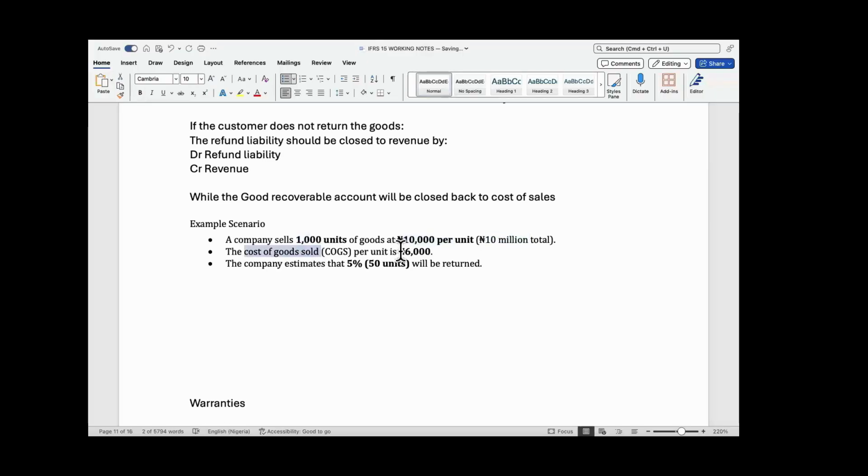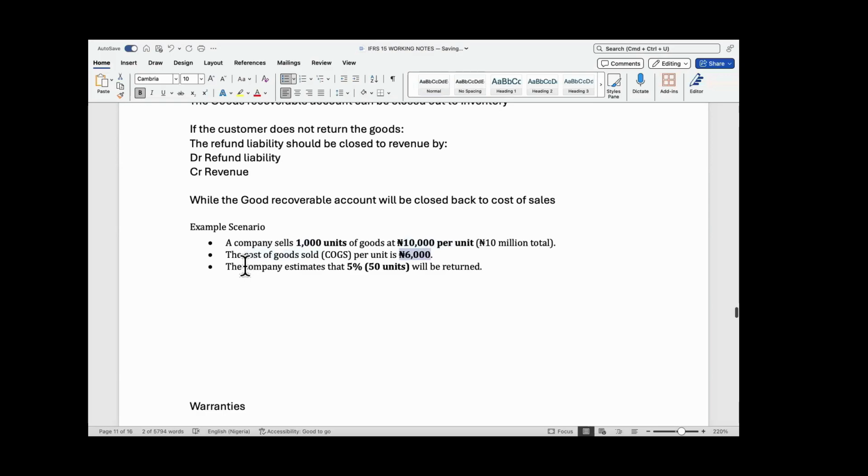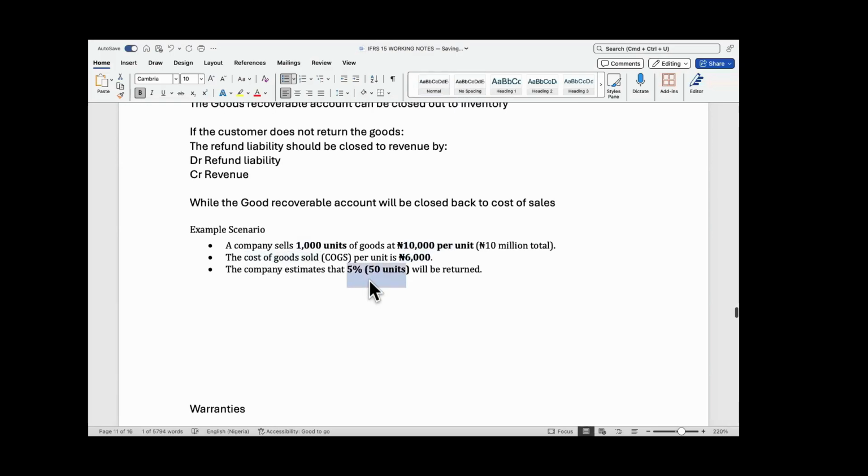The cost of goods is 6,000 naira per unit. Now, the company estimates that 5% will be returned. Now, for this one, the entity cannot recognize revenue for the goods that the customer has rights to return.